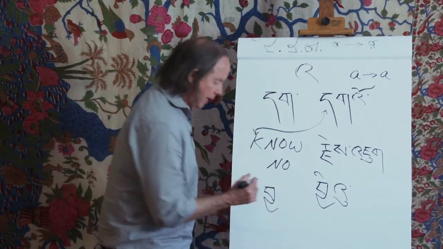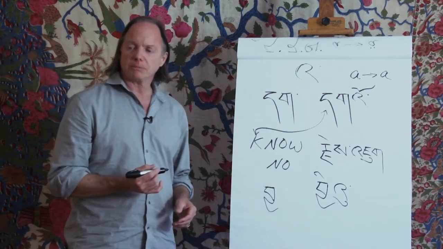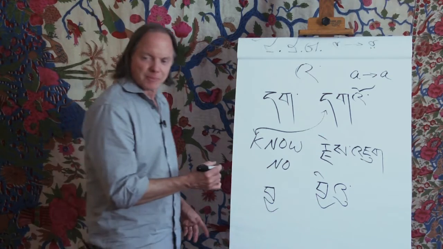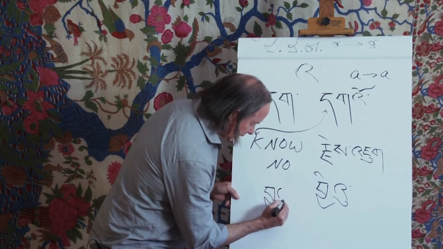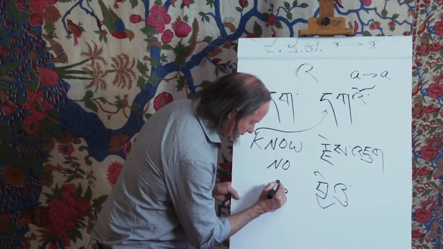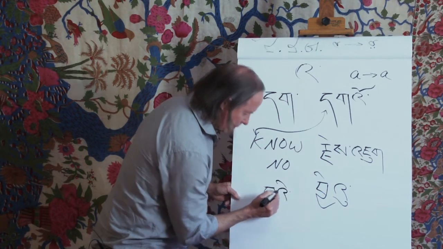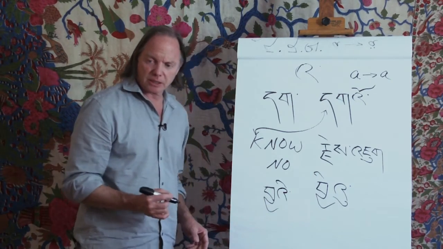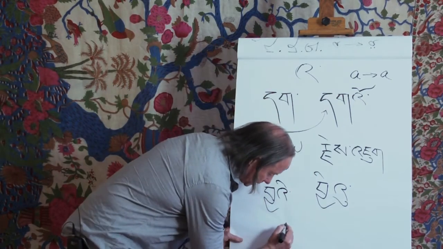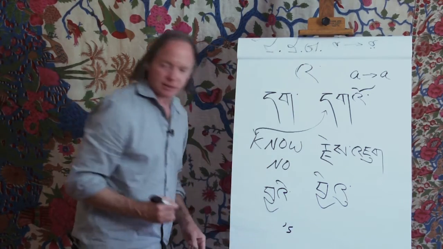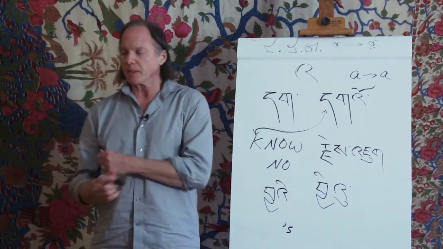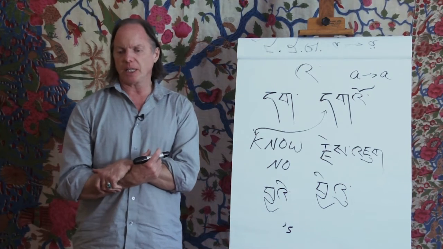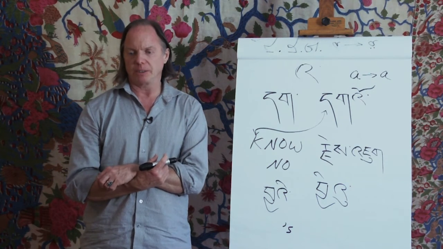It can also mean rooster, but that's another story. Then we add the very famous a giku i. In English that makes it apostrophe S, possessive. And we'll learn the different cases of Tibetan grammar.